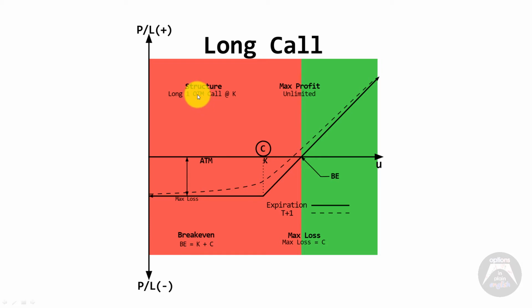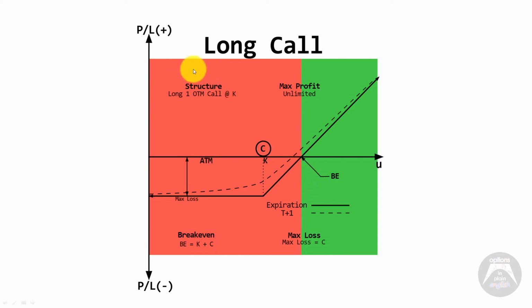So you buy one out-of-the-money call at a strike price of K right here. And that's the structure. That's how you build it. Just buying a call. The max profit is going to be unlimited. It can go up to any price you want. If you start with a stock at 100, it can go to 200, 300, 400. It has no limit, at least in theory.